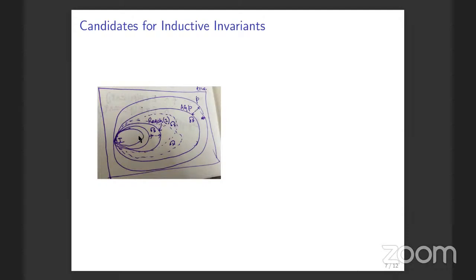So starting with I, I will start with what I call a safe over approximation of I. Safe in the sense that all reachable states from that over approximation will still lie within P. That way, I may be able to use that over approximation to converge faster. Okay. Did you get that? So that's what we will be doing.